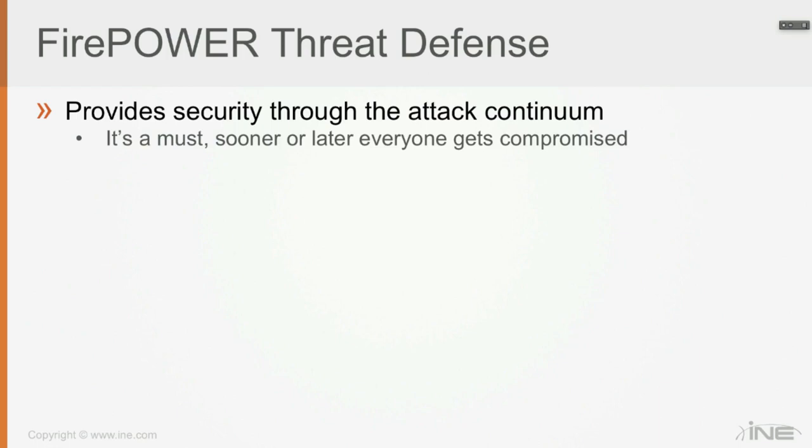So you would need to be able to provide security before the attack, so some measures to prevent the attack from happening. Some measures to detect an attack, so while the attack happens, and of course if you got compromised, you'd want to be able to quickly identify that and quarantine the infected endpoints and provide remediation, so after the attack has happened.